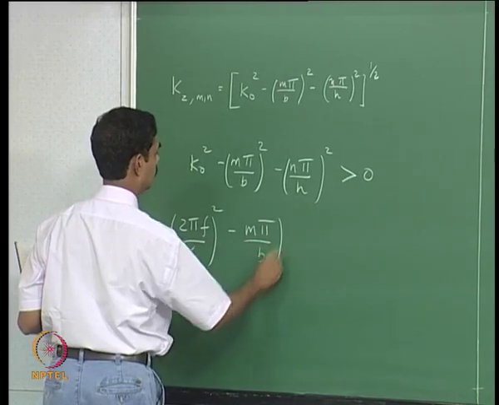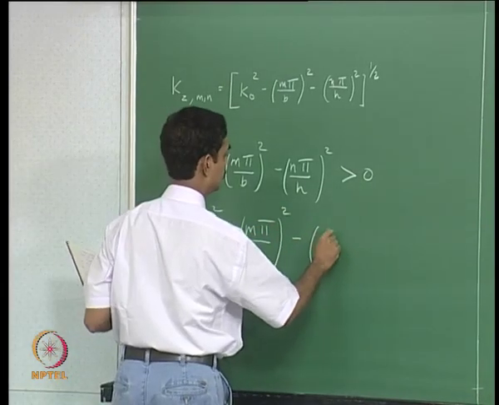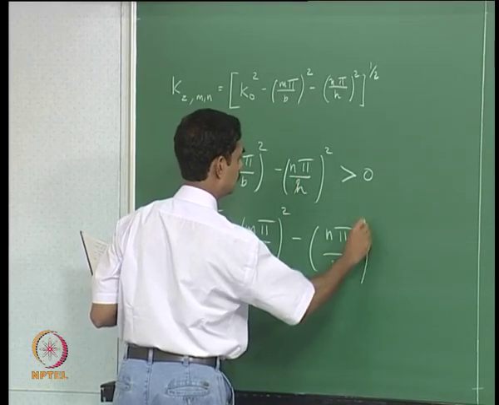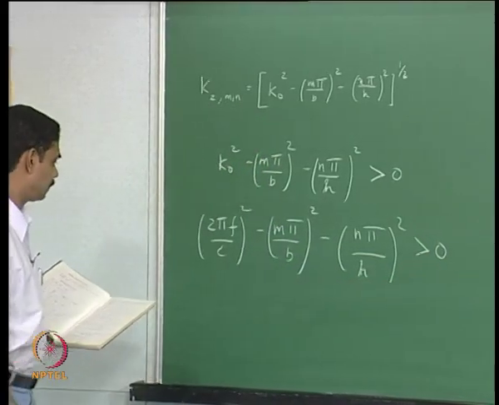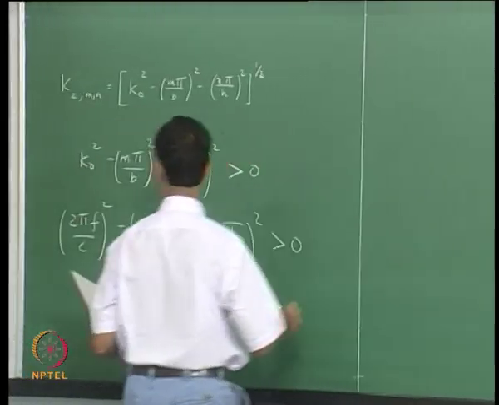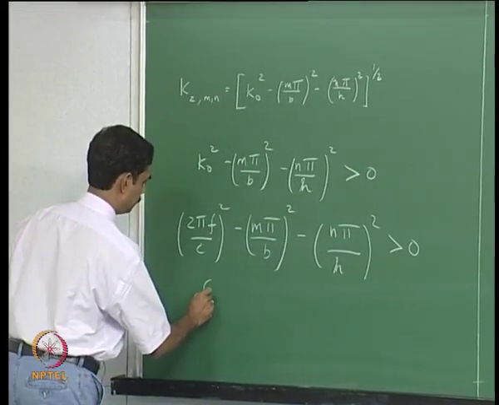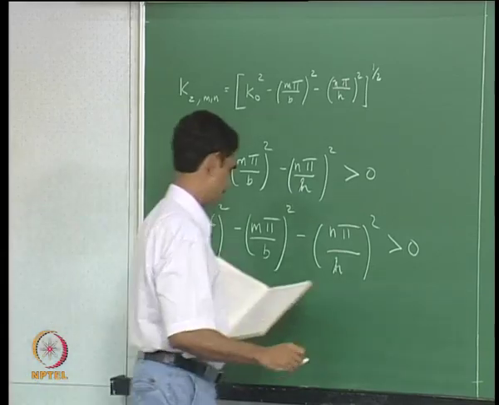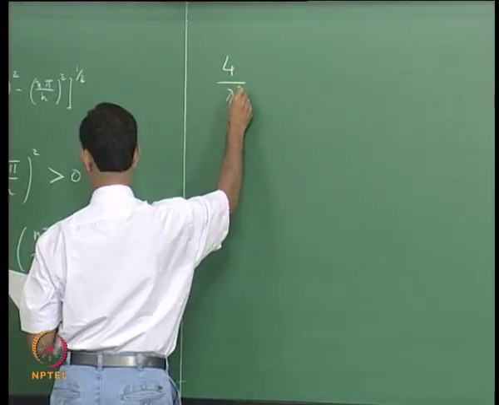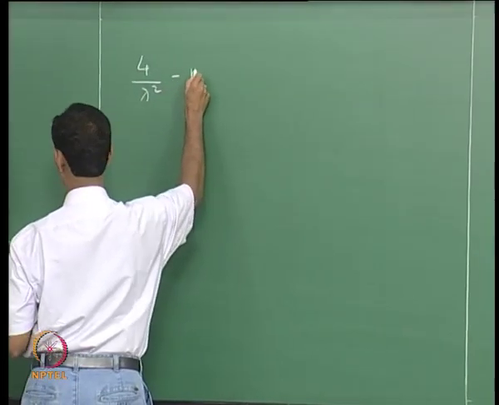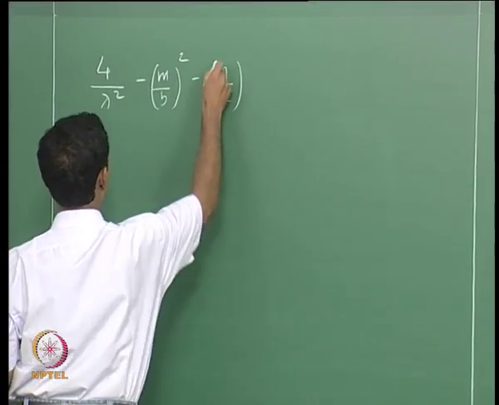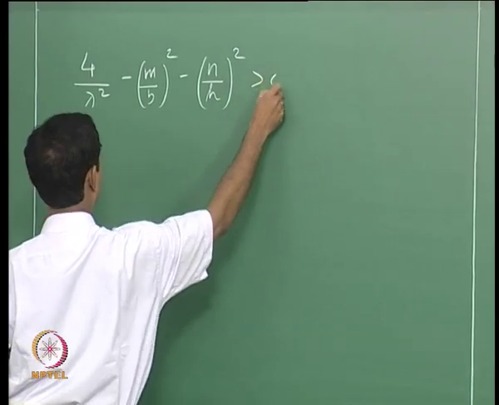So if you rewrite this in terms of frequencies, you will get (2 pi f over c) squared minus (m pi over b) squared minus (n pi over h) squared greater than 0. Or we can alternately rewrite this, noting that f lambda equals c, so you will get 4 over lambda squared minus (m over b) squared minus (n over h) squared greater than 0.